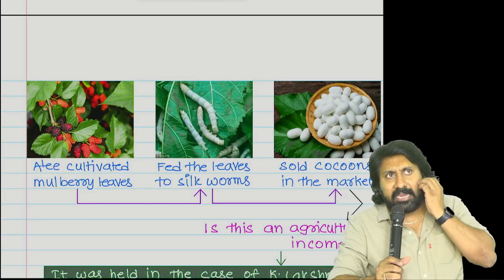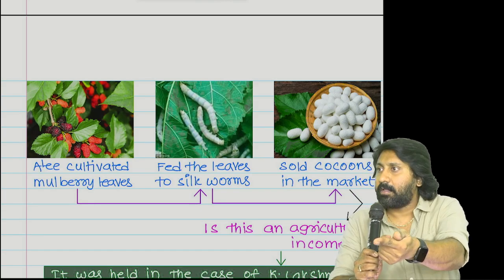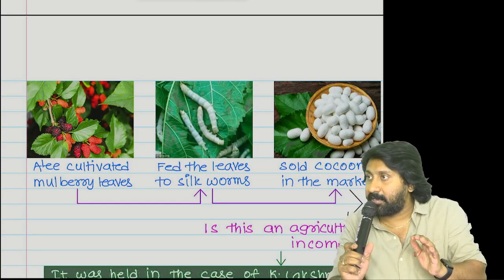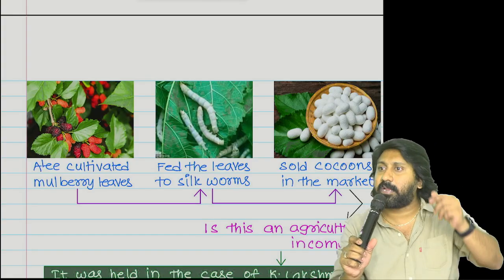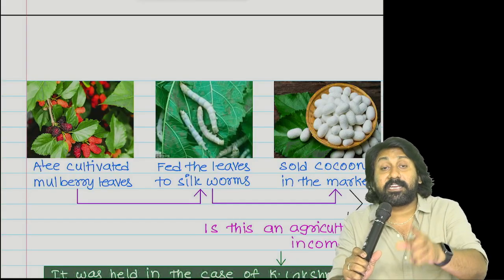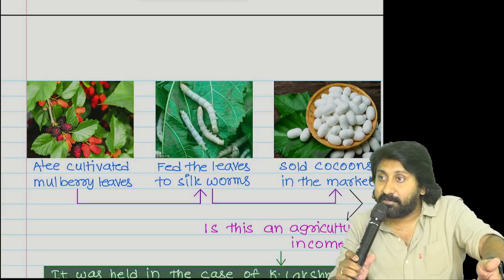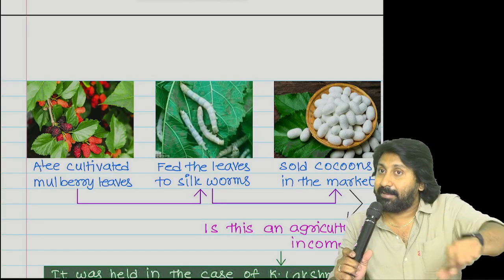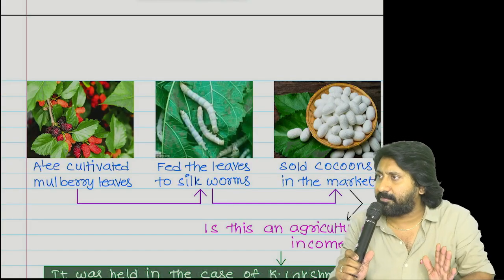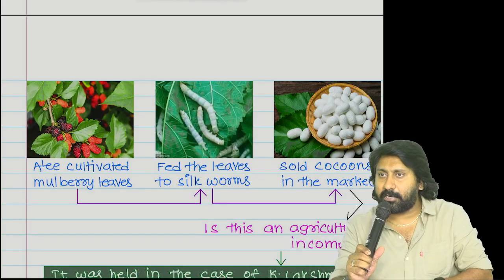So technically, silk itself is generated because of a leaf. That leaf relates to agriculture. The assessee, Lakshmanan, will say this is agricultural income. Sale of cocoons is agricultural income because it is generated through silkworms. Silkworms generate it because of the mulberry leaf. The mulberry leaf is grown in agricultural land. So technically silk is coming out of agricultural land. Therefore, it is agricultural income.